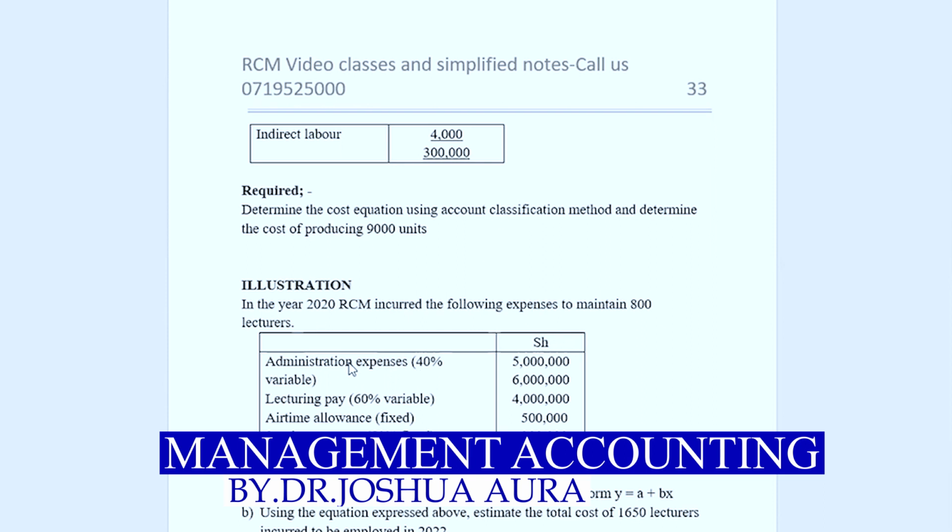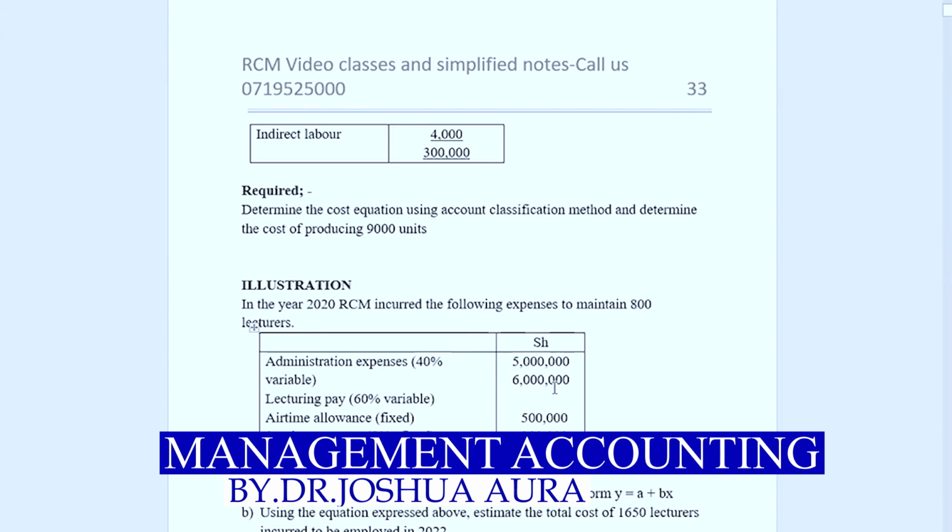So we have administrative expenses, 5 million. And then what we have here is the lecturing pay, which is 6 million.